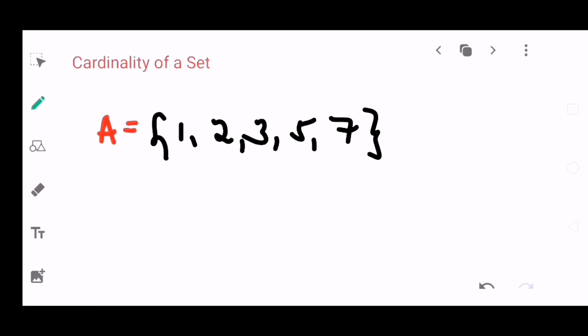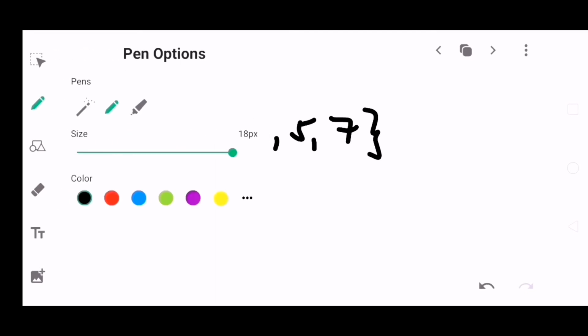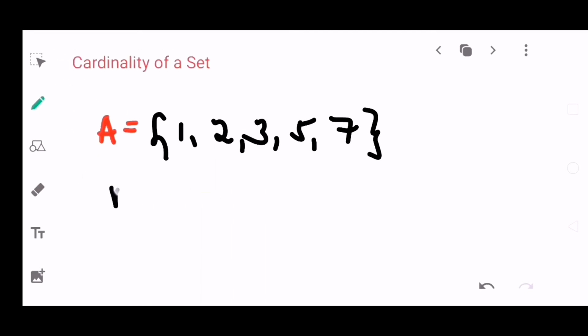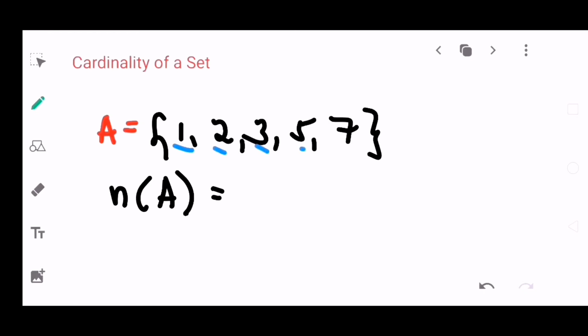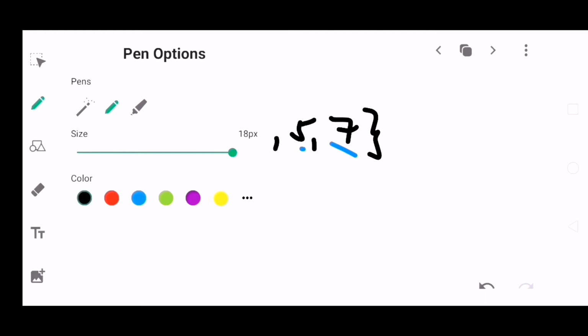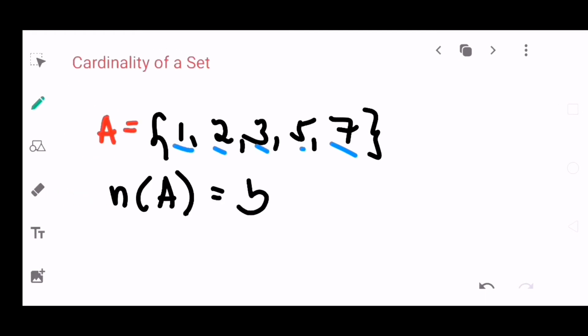Cardinality is denoted by n, parentheses, the name of the set. So this is read as the cardinality of set A, which is the number of elements that you have in your set. In this example, we have 1, 2, 3, 4, 5 elements. So therefore, the cardinality of your set A is equal to 5. As simple as that.